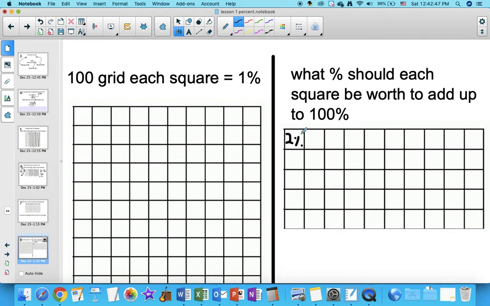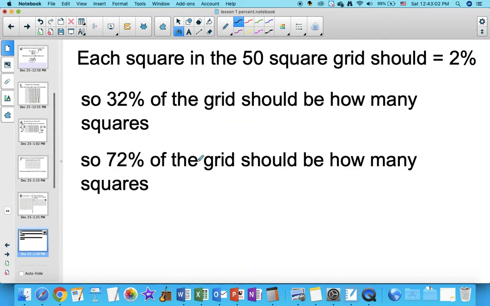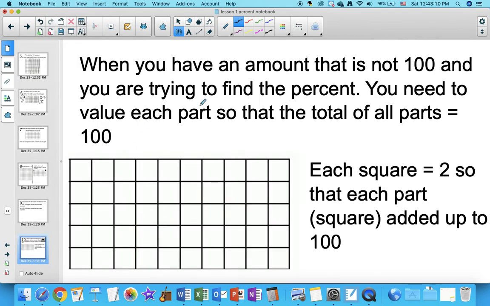Well, if I made all the squares worth 2% and I added them up, you would end up with 100%. So now you know that each square colored in is a value of 2%. So each square in the grid has a value of 2%. So 32% of the grid should be how many squares, and so on and so forth. So we've already solved this question, so we'll keep going.